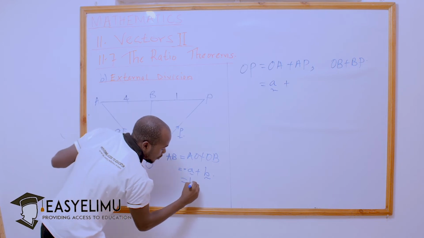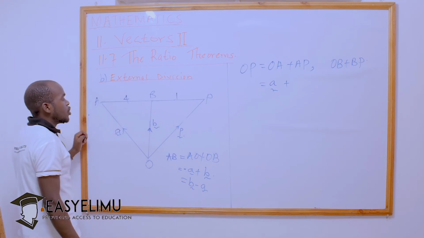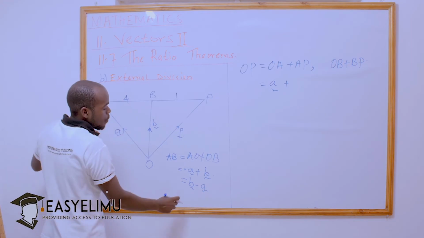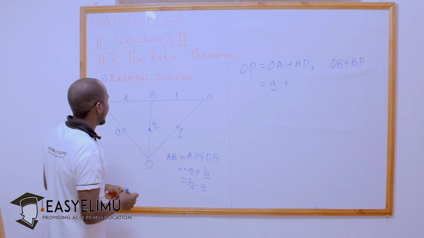So you are going to have B minus A. That's what you have. So 4 here represents B minus A.